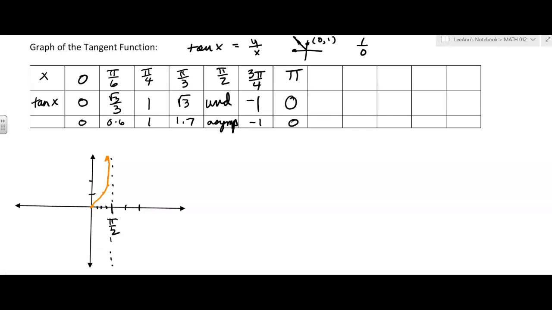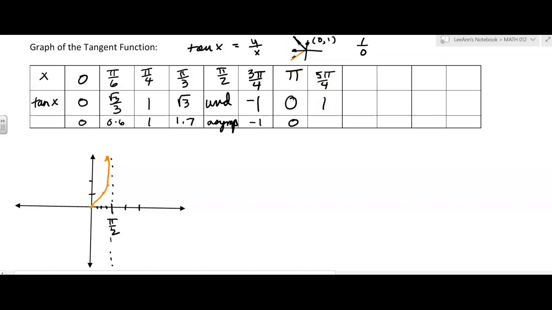Okay, and so that's going to look like, oh, I didn't do the next one, which would be in quadrant 3. So right here, let me go back. That's going to be 5 pi over 4. And that's going to be a positive one because you're going to have a negative x and a negative y.